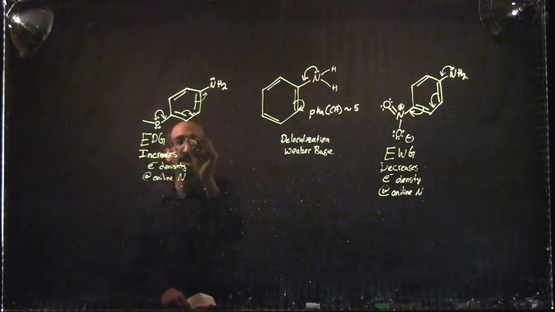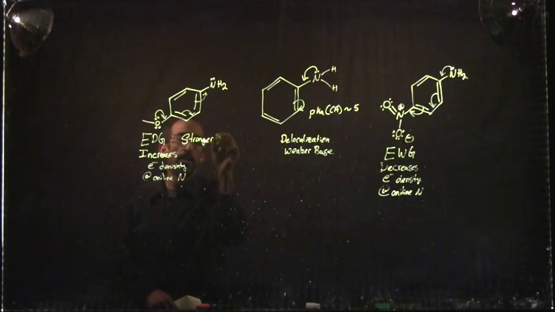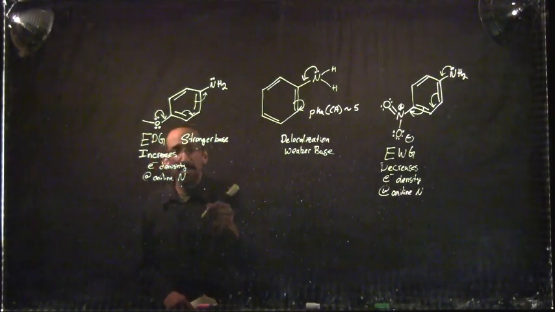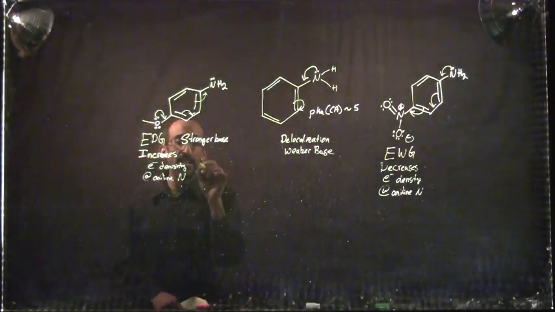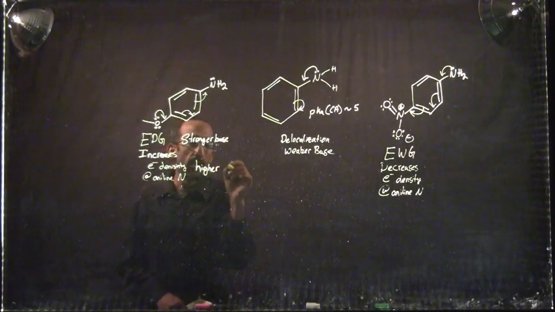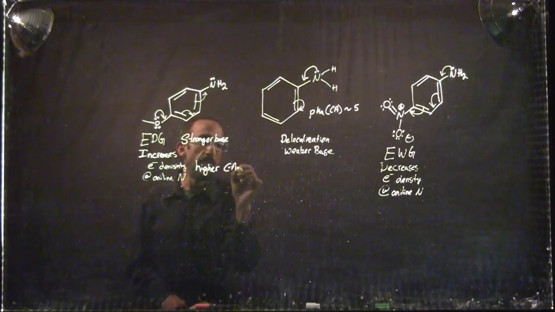So that's going to make this a stronger base, and that means that its conjugate acid is going to be a weaker acid. So relative to aniline, it's going to have a higher conjugate acid pKa.